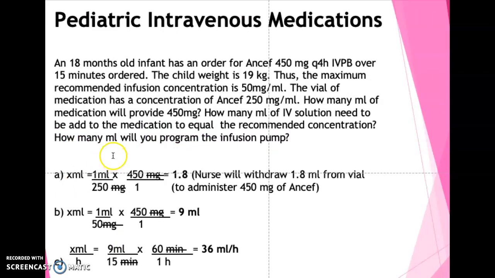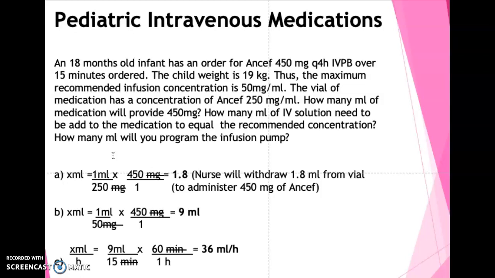So we have another question here, a pediatric intravenous medication calculation. An 18-month-old infant has an order for an NSAID, 450 milligrams every 4 hours IV piggyback over 15 minutes. The child weighs 19 kilograms.